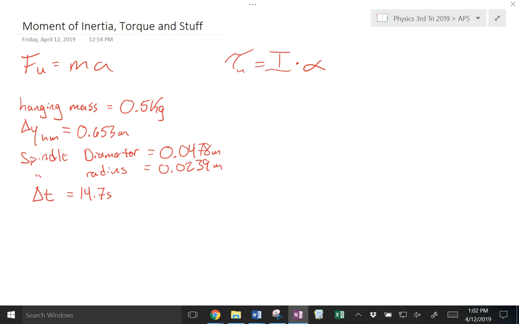And then we did this. These are all our known variables: the diameter of the spindle, and then times 14.7 seconds. Do we know how many times it went around? During the calculation, okay. And so then, using math, we did this because we need the mass.